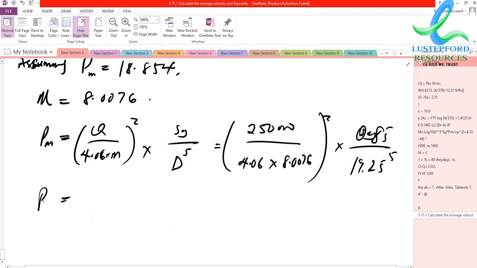Now let's look at what is our PM, in psi per mile.